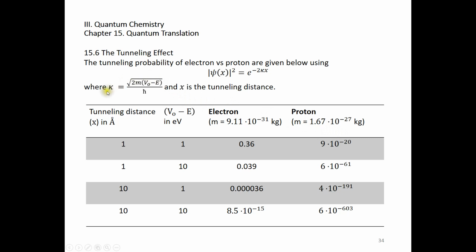The idea is to make kappa small. We want to make kappa small to observe more significant tunneling. And also, when x is small, the tunneling probability is significant. When x is large, the tunneling probability is small.